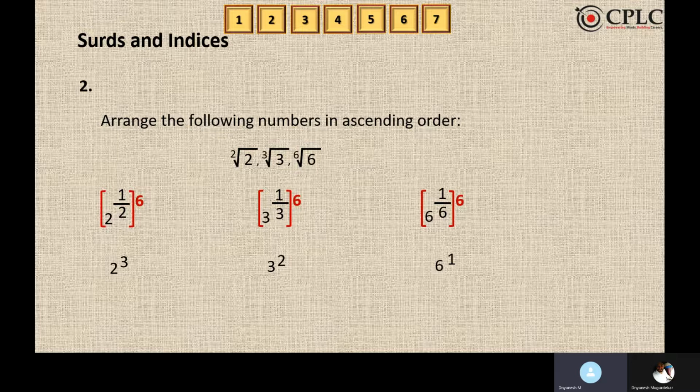Now we can easily find out the values. 2 cube is 8, 3 square is 9, and 6 raised to 1 is 6. We were supposed to arrange them in the ascending order. 6 will be the first one, 8 will be the second one, and 9 will be the third one. So that means sixth root of 6 is the first number, followed by square root of 2, followed by cube root of 3. That is the ascending order.